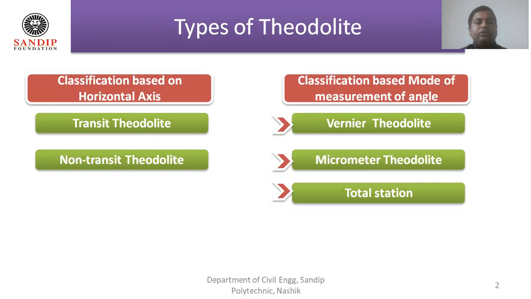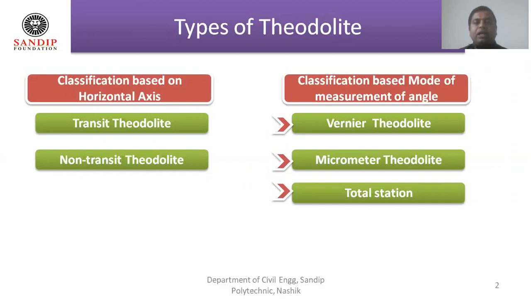The theodolite of which telescope can be rotated in vertical plane about horizontal axis through 180 degree. That is called transit theodolite. Non-transit theodolite means the theodolite whose telescope will not be rotated in vertical plane about horizontal axis. That is called a non-transit theodolite.